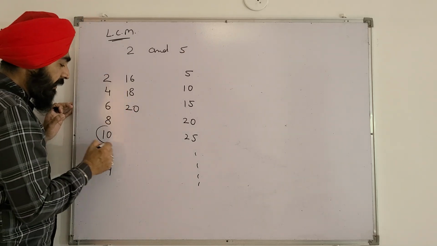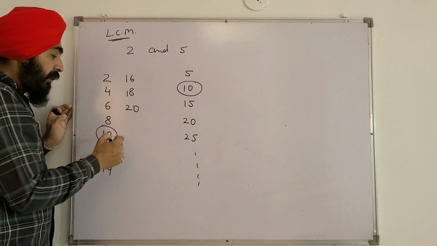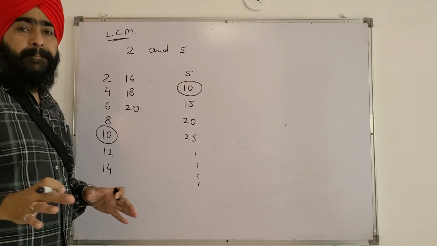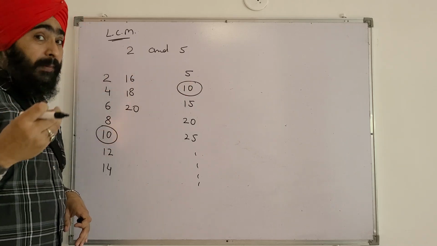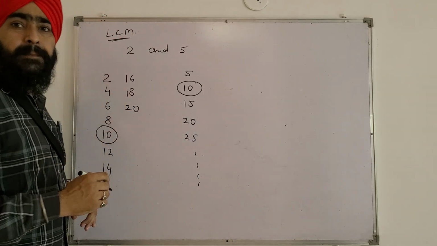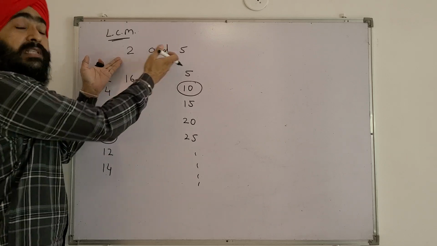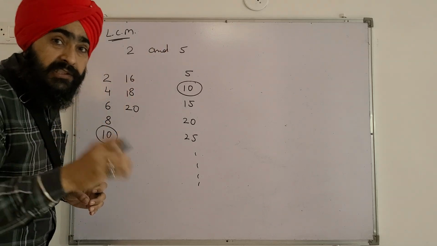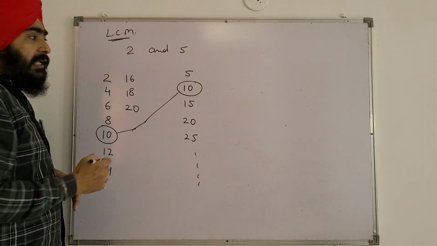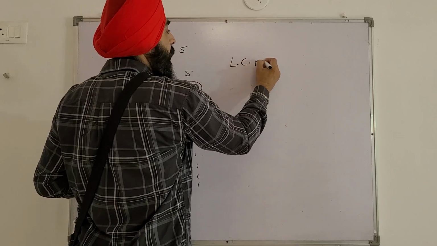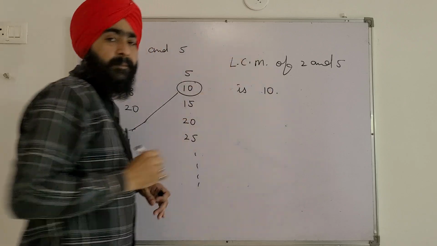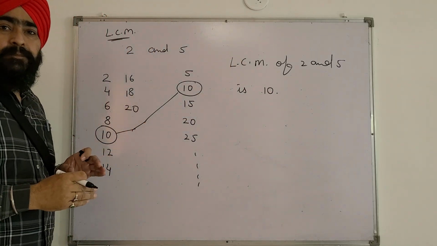In the 2's table 10 and in the 5's table 10, this number comes very first. After that, infinitely many numbers may be common, but very firstly, the first number which is common in both tables is the LCM. That's the least common multiple. So that means the LCM of 2 and 5 is 10.